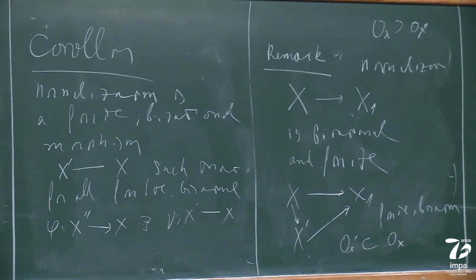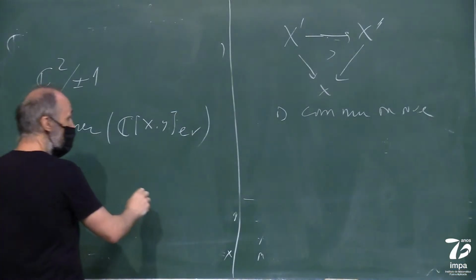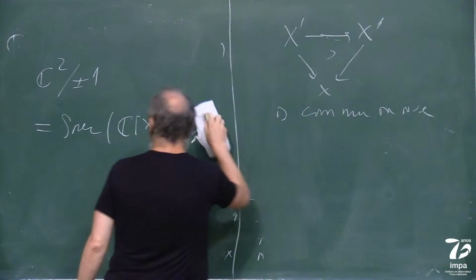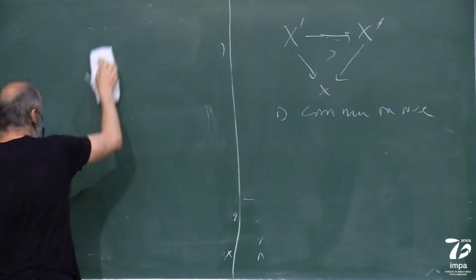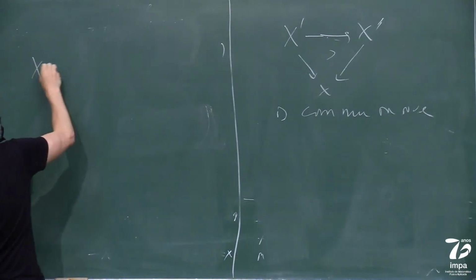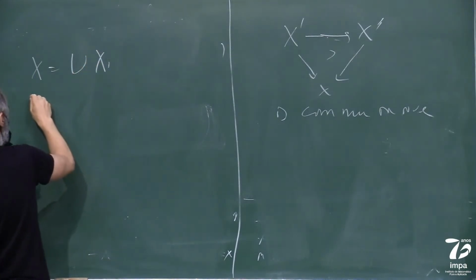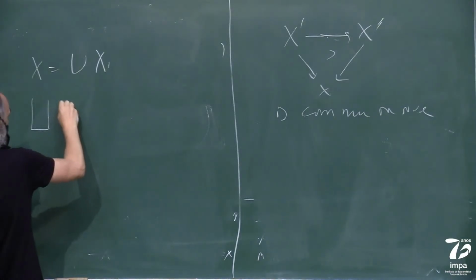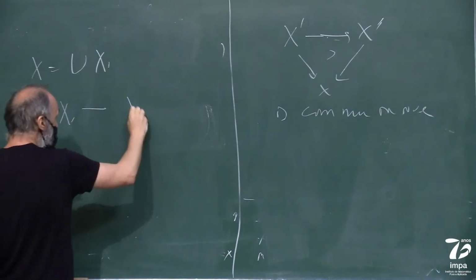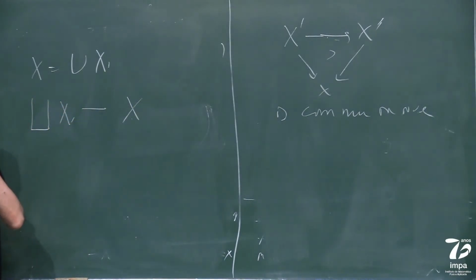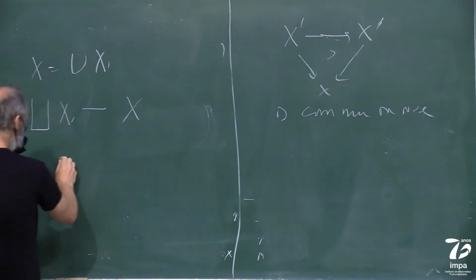It's not hard, because as we just discussed, if you have a singular non-irreducible variety, x is a union of xi, then you have a disjoint union of xi which is mapped to x, and this is a finite map, as we have discussed. And then you just normalize this.